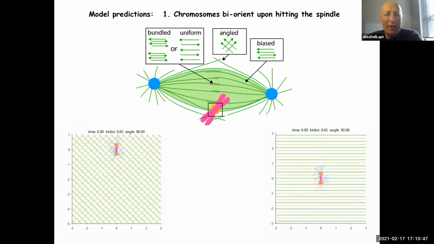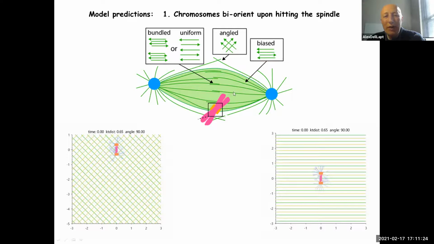Anyway, so on the angled network, nothing good happened. The chromosome didn't get stretched much. It was wobbling all the time and kind of walking over this network. So basically, if the microtubules of opposite polarity are not parallel to each other, then the biorientation was not happening. But beautifully, what was happening was that the chromosome was moving toward the spindle this way.